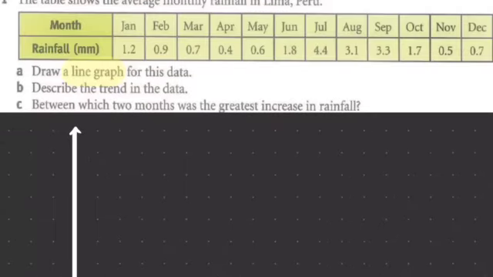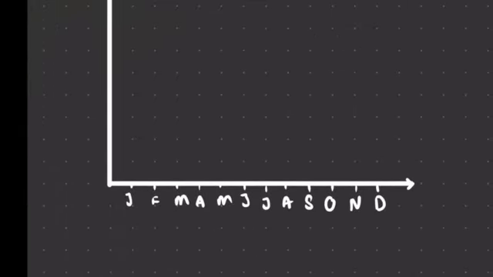So here, let's put an increment of, well, 3.3 is the highest, so I think 0.5 is safe. 0.5, 1.0, 1.5, 2.0, 2.5, 3.0, 3.5, 4.0, 4.5.